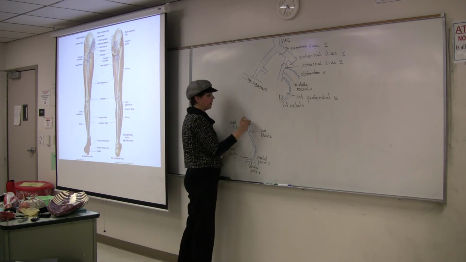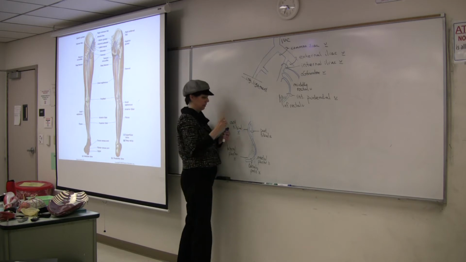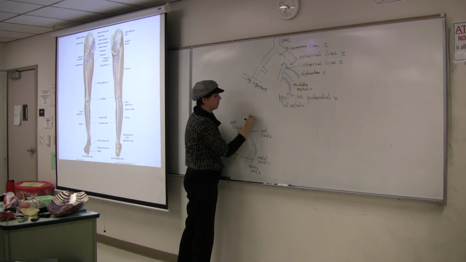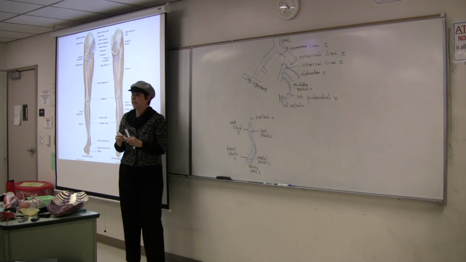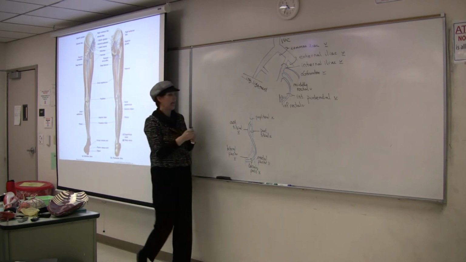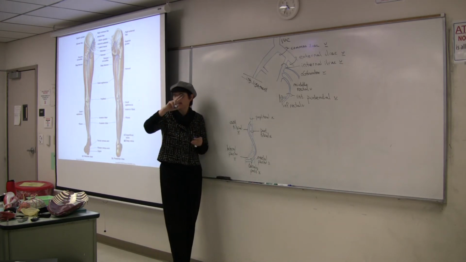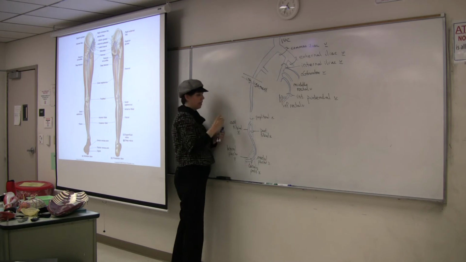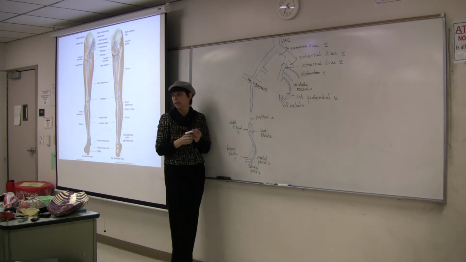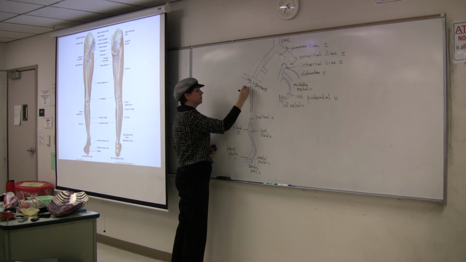I'm going to have a very short thigh here. Popliteal vein, behind the knee. And then as it passes through the adductor magnus, it becomes medial and anterior, and that is our femoral vein.